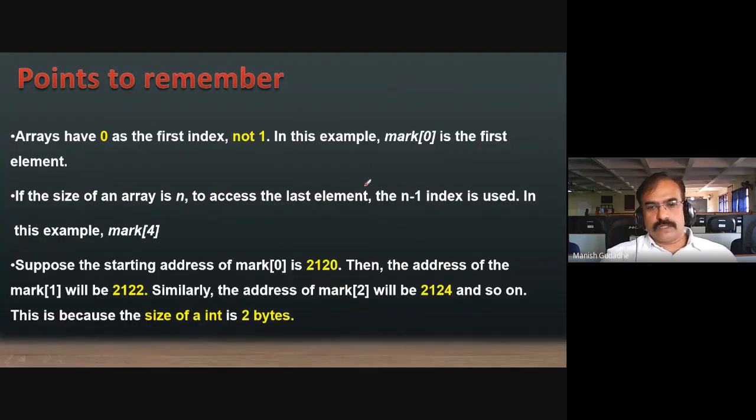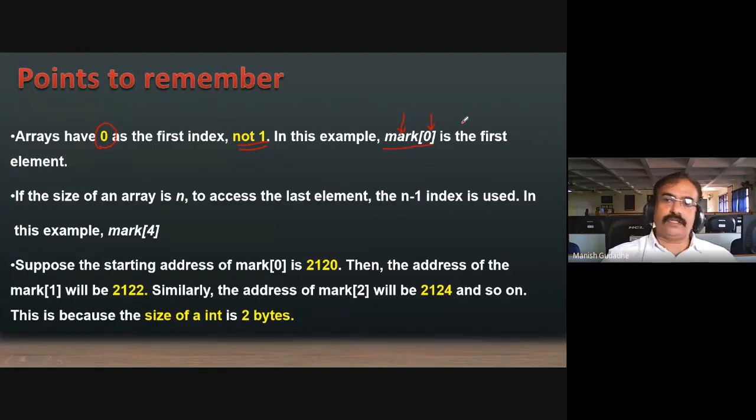A few things I want to repeat again: arrays have 0 as the first index, not 1. So every array starts as mark 0 or array 0 or ch0, where this is your array name and this is your index.